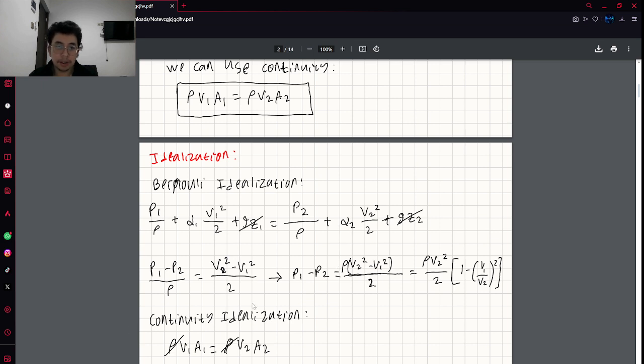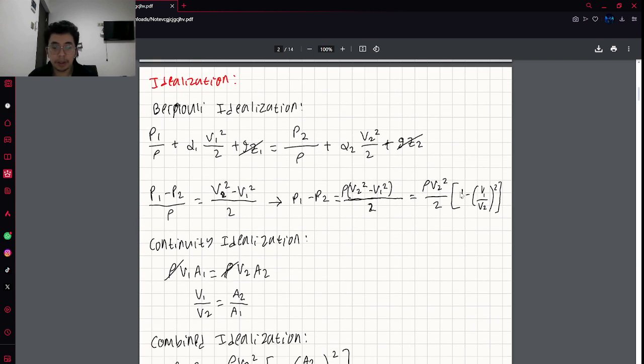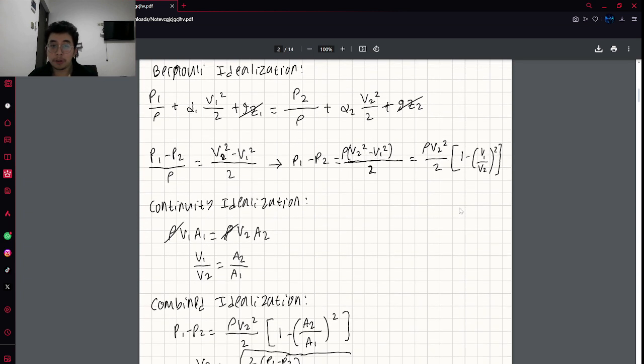Then we get to this part right here, which comes to this equation, which is delta p. Delta p is basically the difference in pressure. This part right here is going to be our equation for the next part.